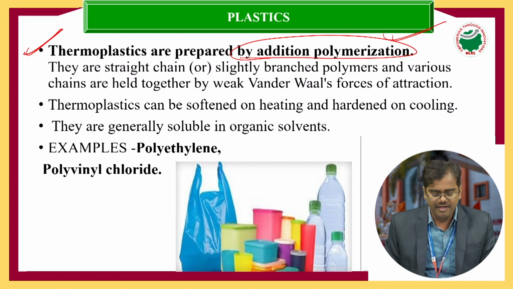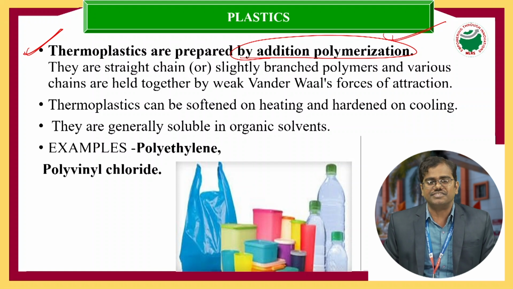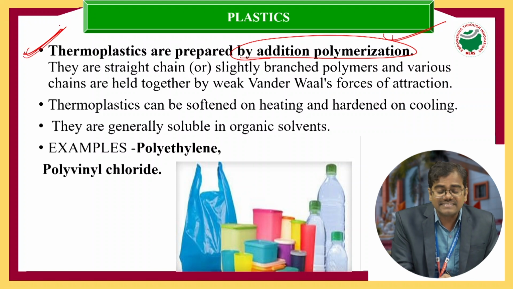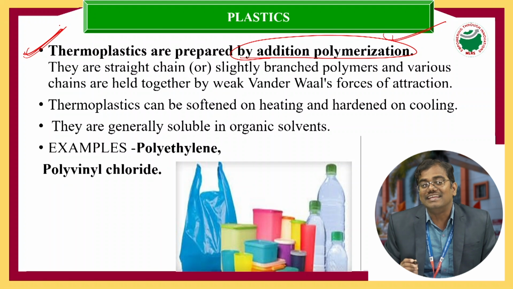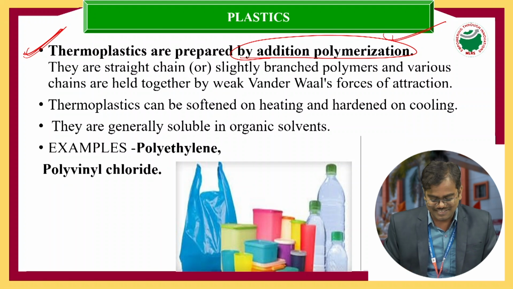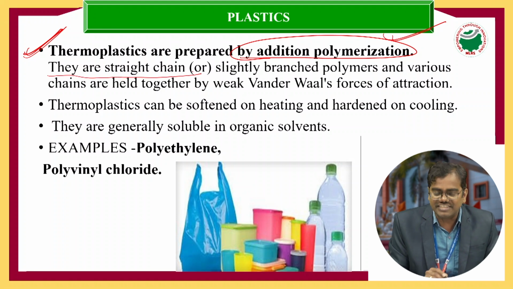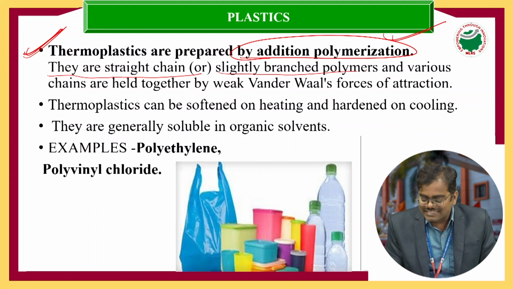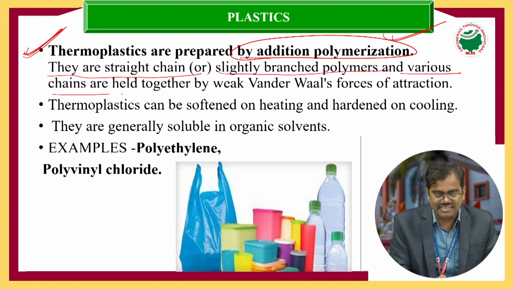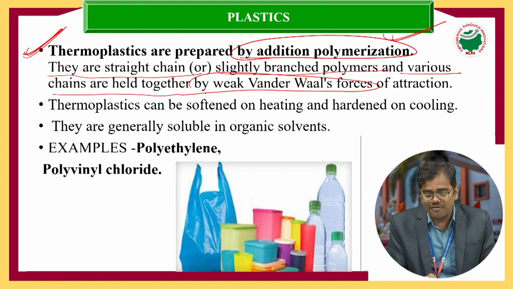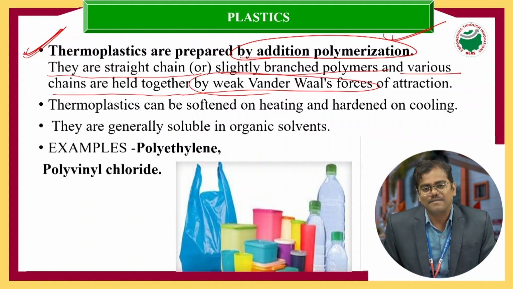In the same manner, for the manufacturing of thermoplastic resin materials we use these unsaturated chemical compounds. That's why thermoplastic resins are prepared by the addition polymerization process. These thermoplastic resins are straight chain or slightly branched polymers, and the various chains are held together by weak van der Waals forces.